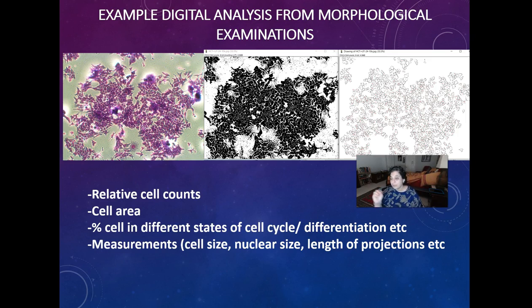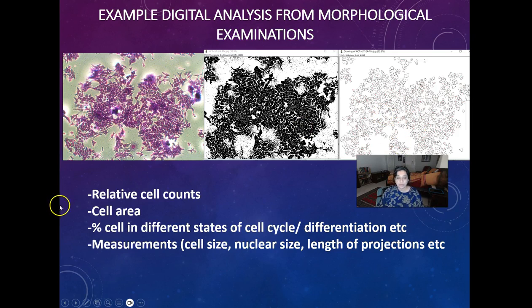If we were to do it for every single cell on the slide, it would have taken a tremendous amount of time. But using computer software, if it is trained correctly, it will do that for you within seconds or minutes, depending on the complexity of the analysis that you're running.